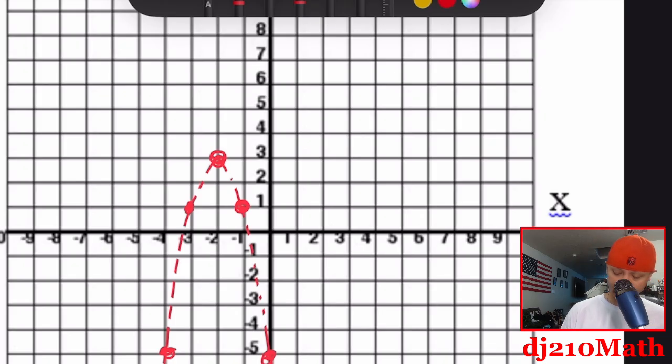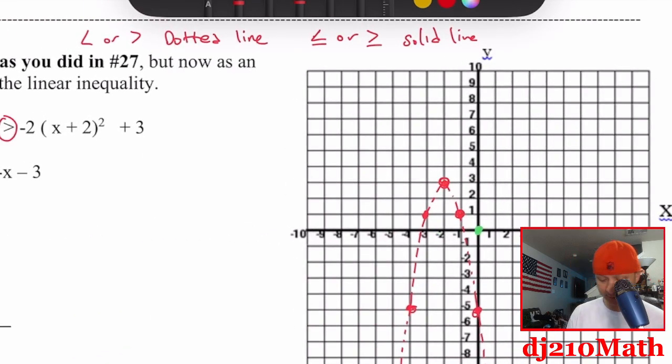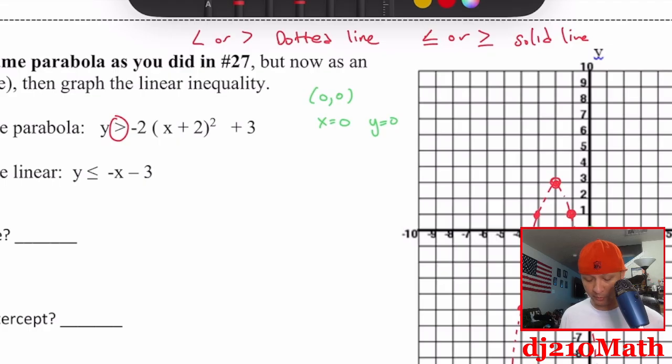I like to choose 0, 0. It's the easiest to work with. The reason I'm choosing 0, 0 is because x is equal to 0, y is equal to 0. So I'm going to plug these numbers into the original equation and see what happens.